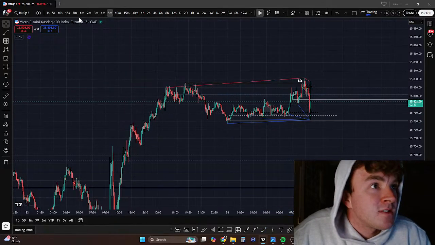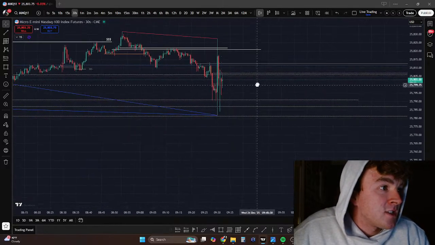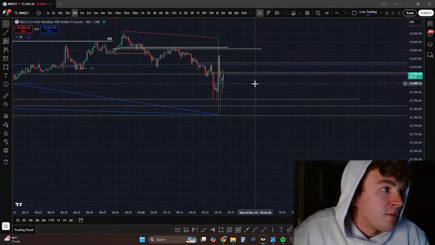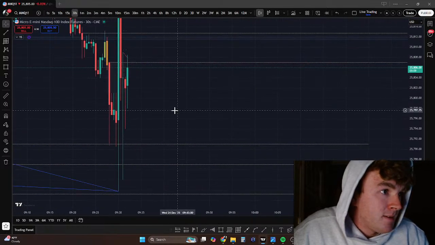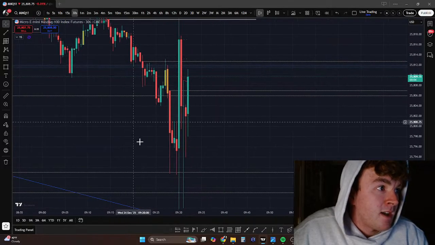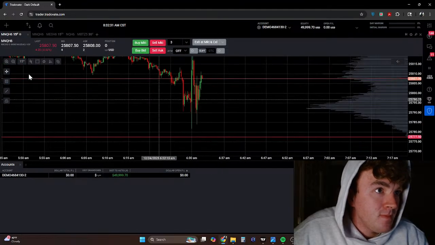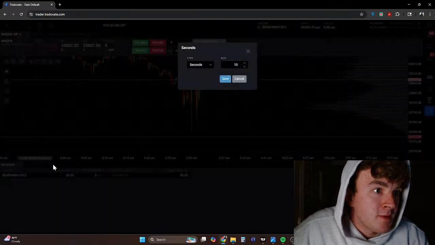There's that inefficient gap right there. I'm thinking 30-second change in state might be the move here. Yeah, I think this is going to go higher. Let's go ahead and put a limit order there.